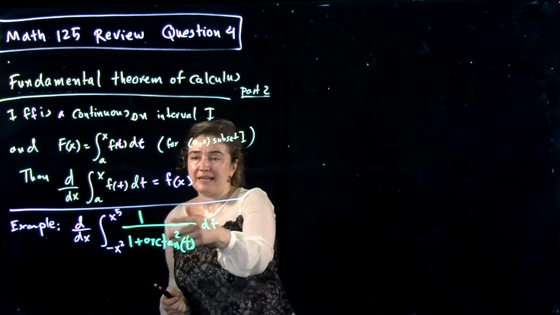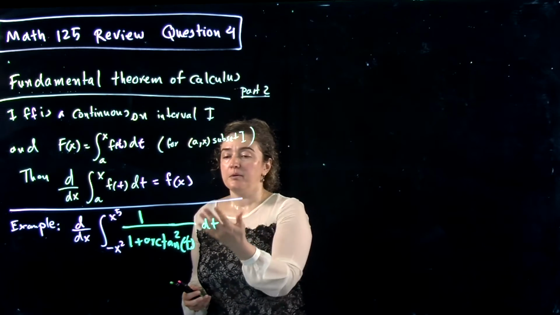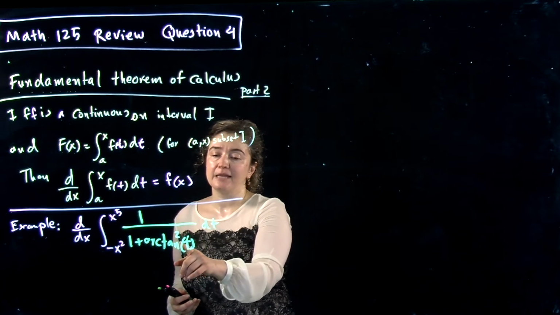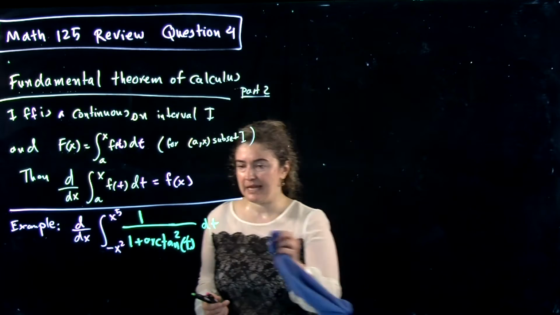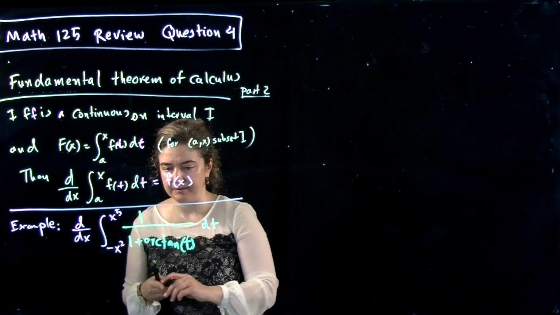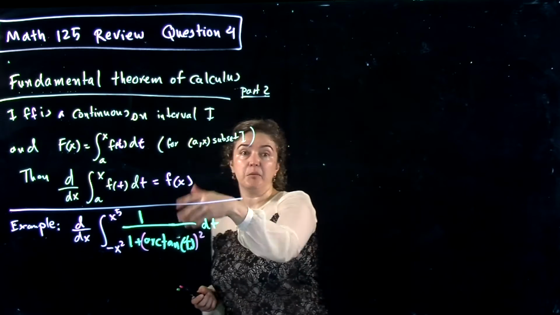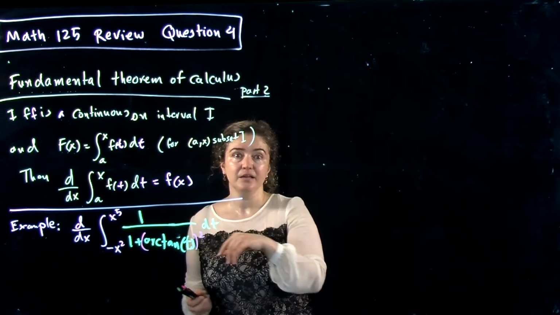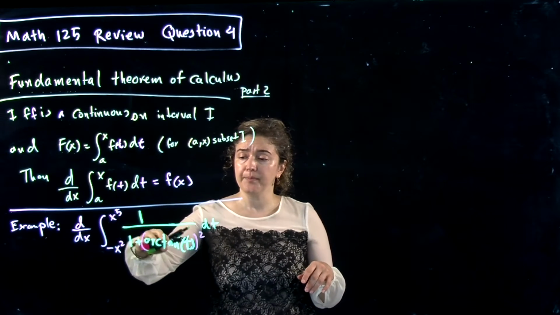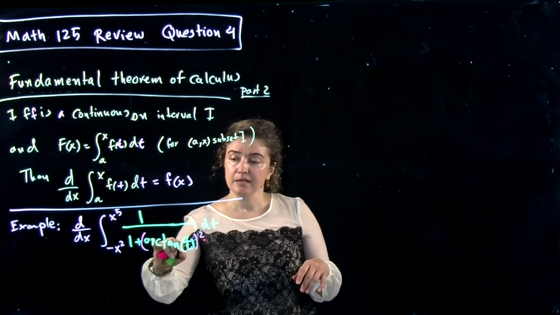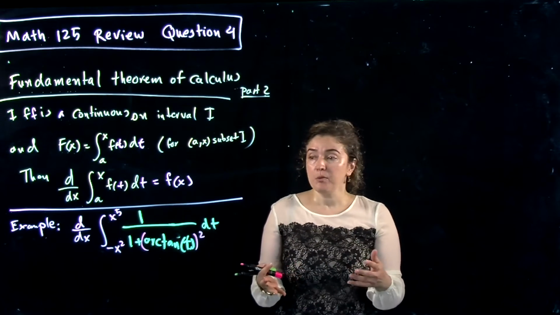So now I replace that f of t that was continuous everywhere with 1 over 1 plus arctan squared t. Arctan of t to the power 2, basically. So this is a composite function inside, and the very inside is arctan of t, and arctan of t is continuous everywhere.